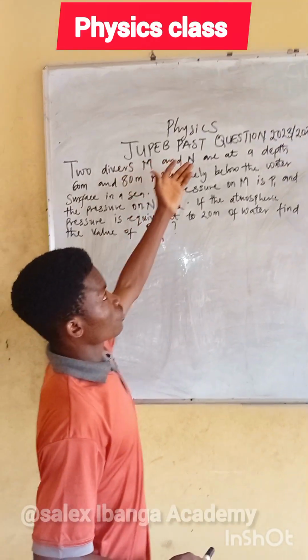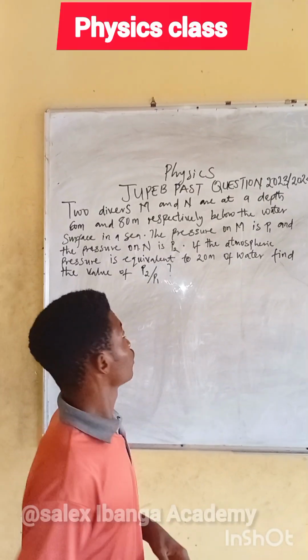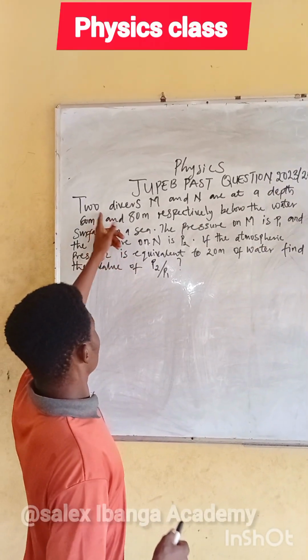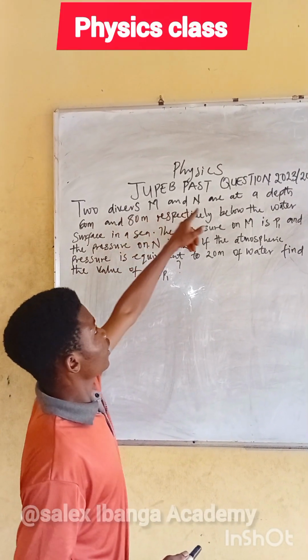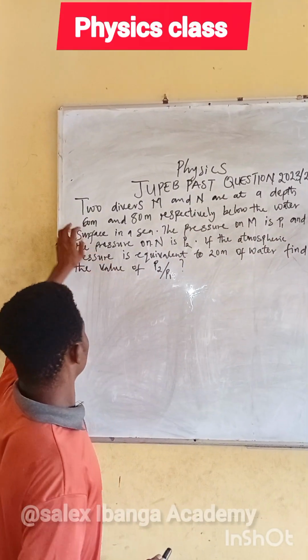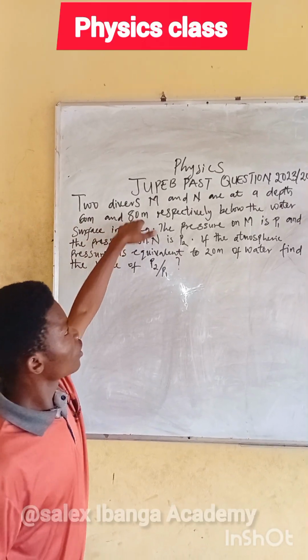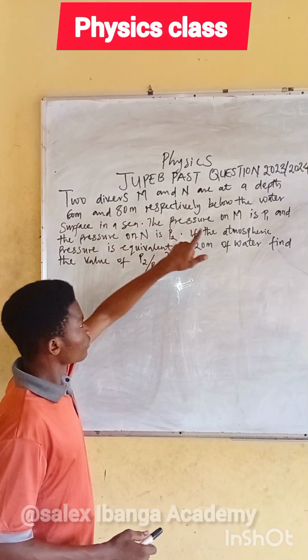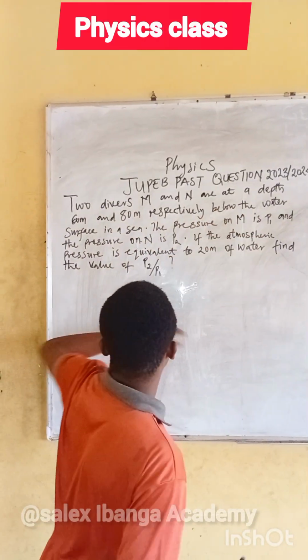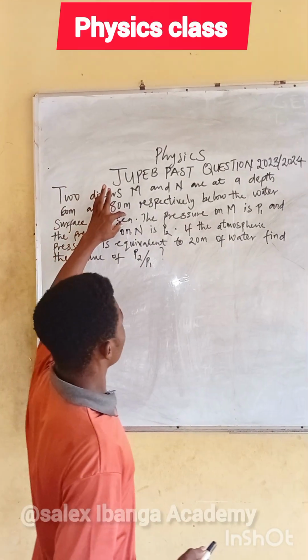JUPEB past question, 2023-2024 section. So the question says two divers M and N are at a depth of 60 meters and 80 meters respectively below the water surface in a sea.